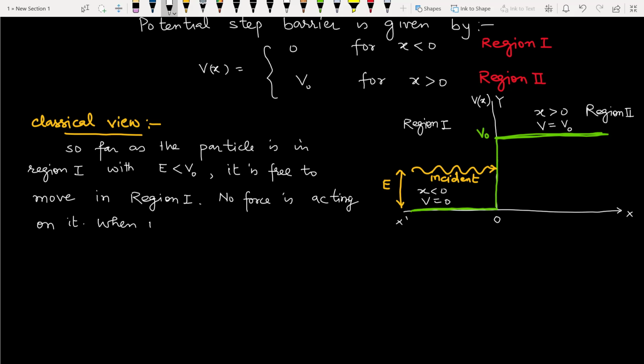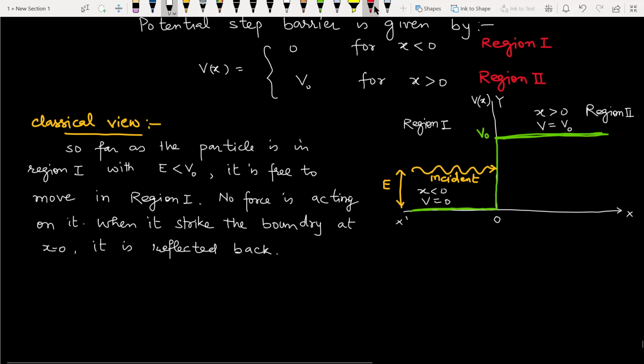When it strikes the boundary at x equal to 0, it is reflected back, like this. So this is the classical view.